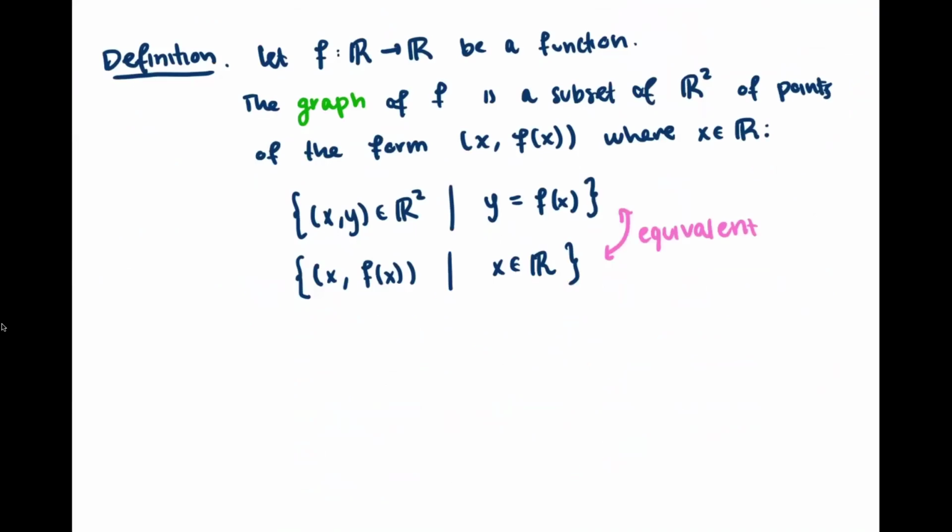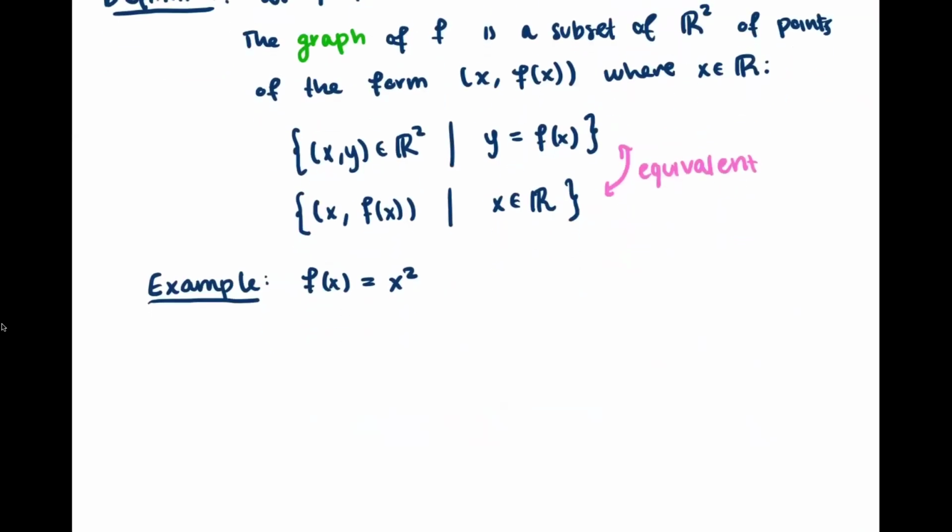Okay, let's do our example, the same one as before: f of x is equal to x squared. We're going to start with R2, this Cartesian coordinate plane.